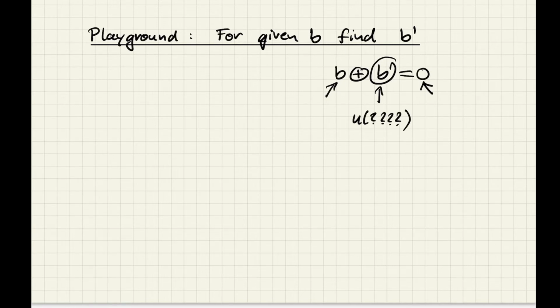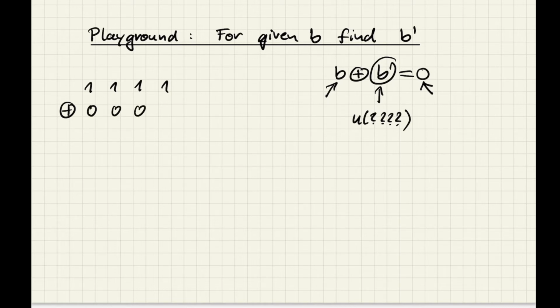The first step is just assuming that B is a very specific bit pattern with just ones. And then it's kind of clear what we would have to use in our adder in order to generate the bit pattern for the 0.